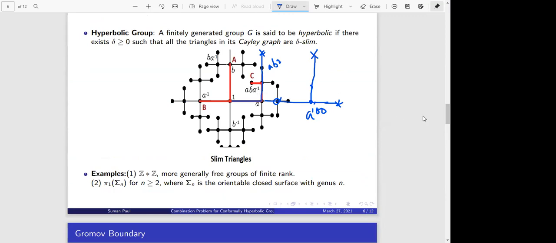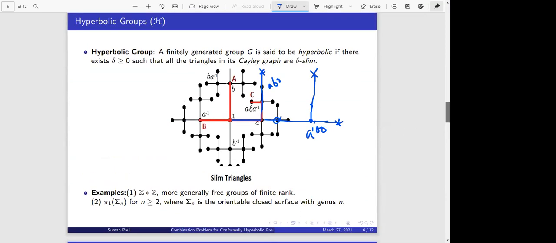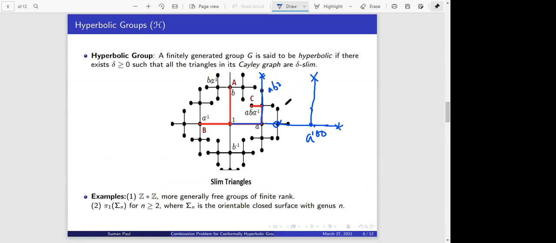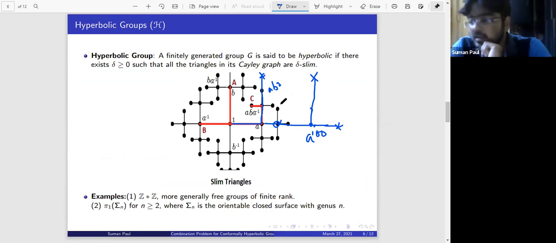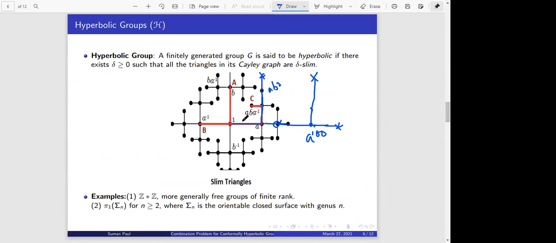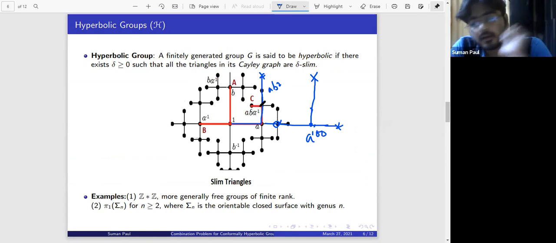So why do you need the group to be hyperbolic to define this Gromov boundary? Yeah, that's the thing. The Gromov definition of the boundary is by considering sequences of points. He defines equivalence classes of sequences, and he defines something called the Gromov inner product.